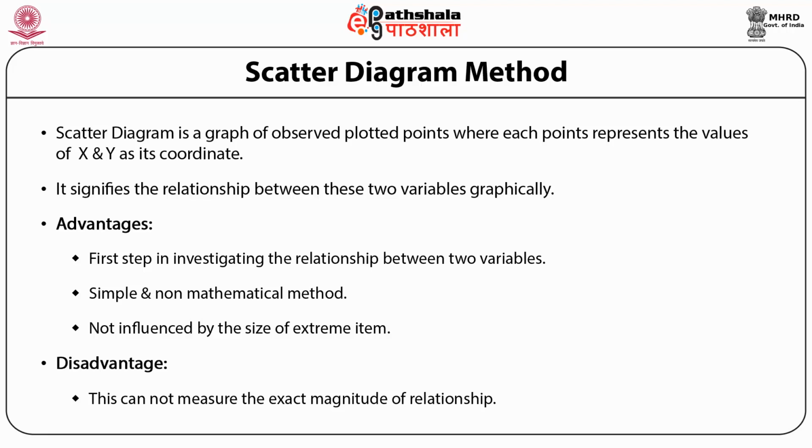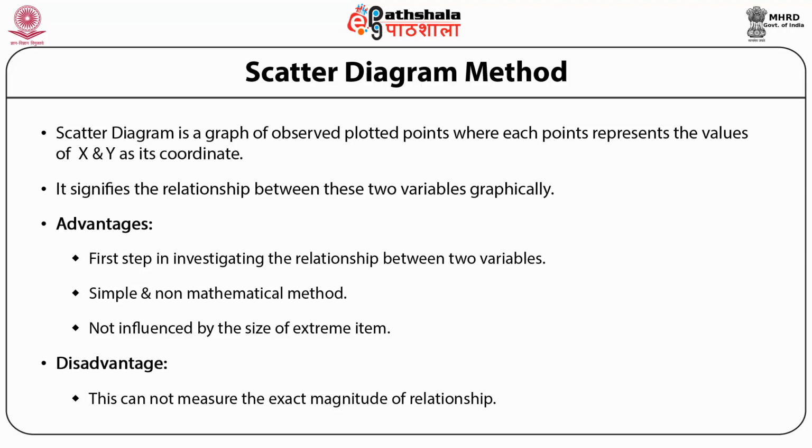In a scatter diagram, we plot a curve between both the variables x and y, and in data sets we have two observations, one value of x and one value of y. So both values make one data set.